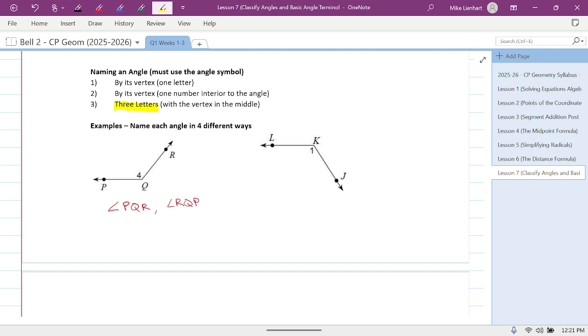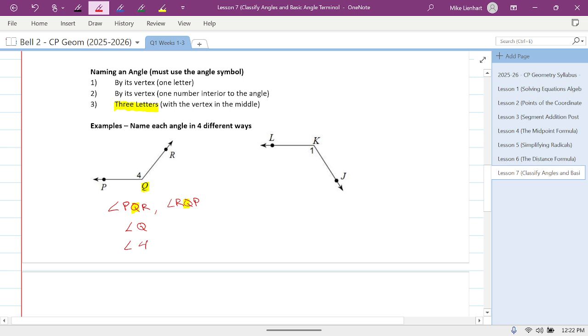No matter what, notice how the vertex is right in the middle. Okay? The vertex is that common endpoint. Another way that I could name this angle, because there's only one angle at the vertex, I could call this angle Q. And because they give me that number inside here, I could also call this angle 4.